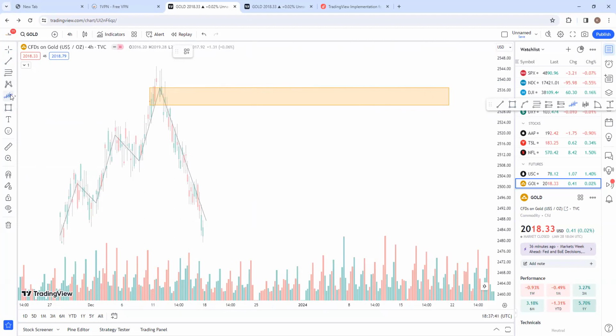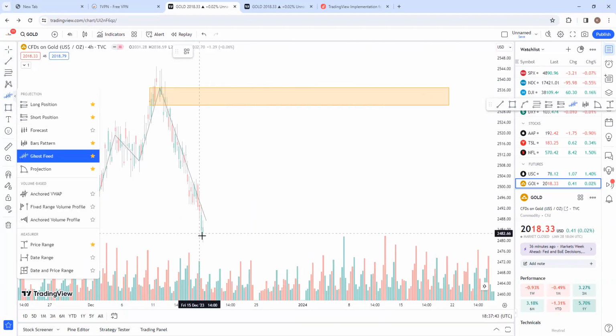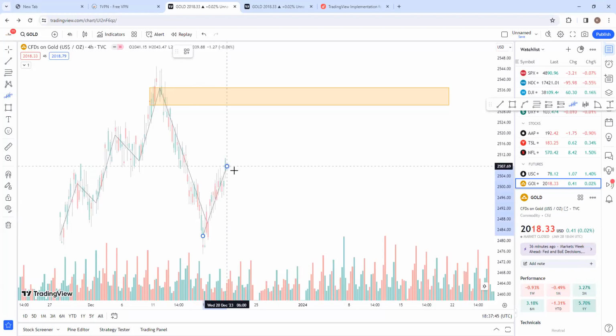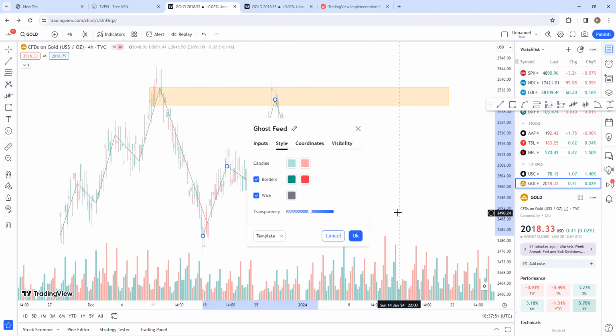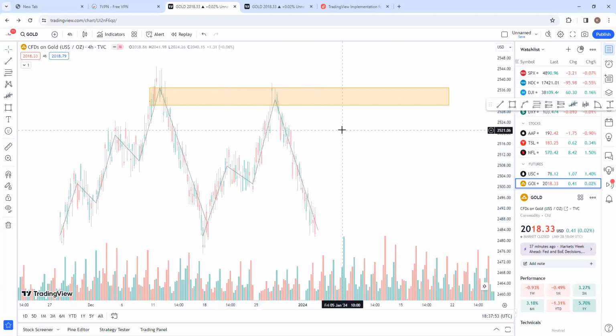So how are you going to use these order blocks? Price is going to come back to that area and then definitely fall. So that's why you see sometimes when we come back to these areas, we just tap and we go crazy.